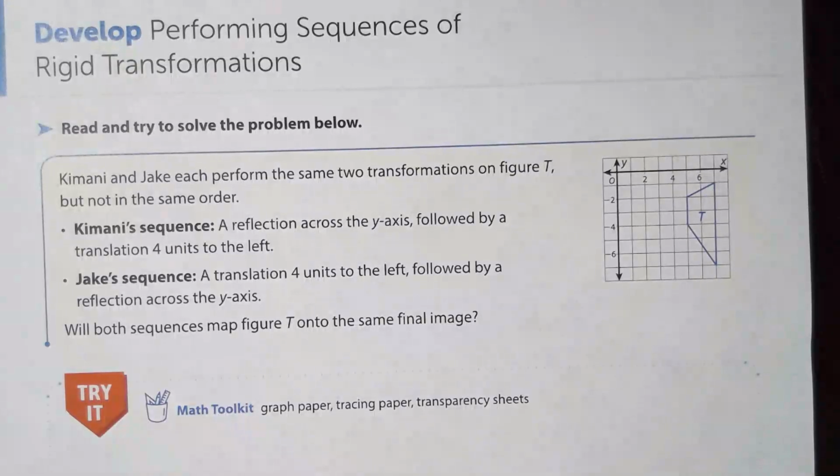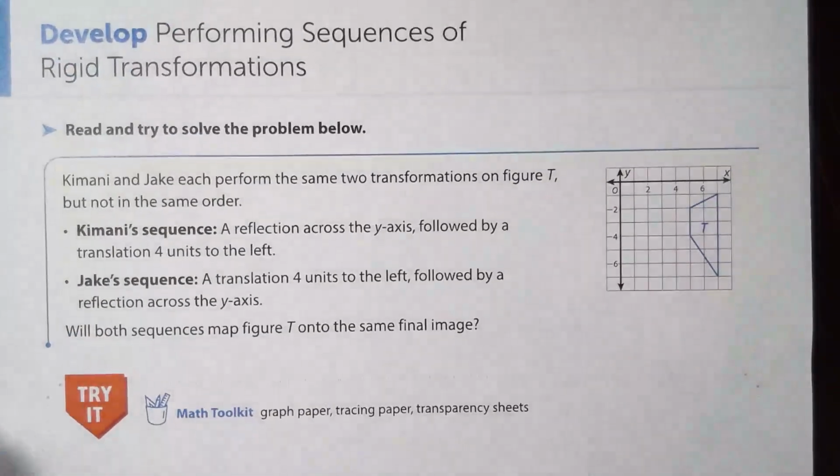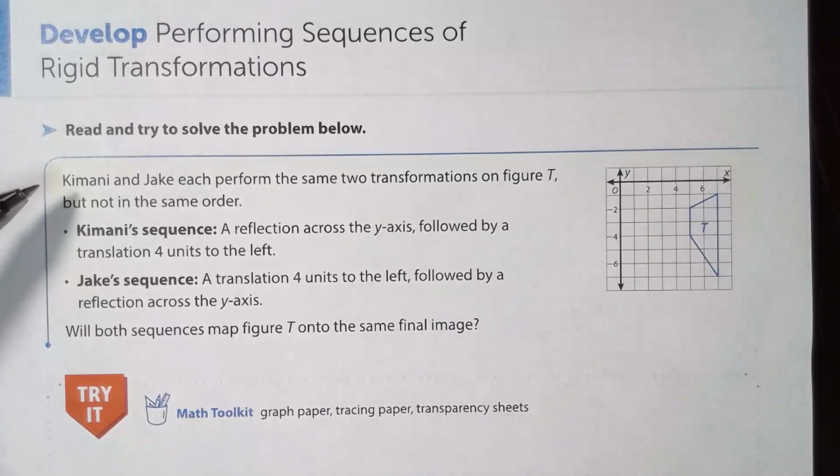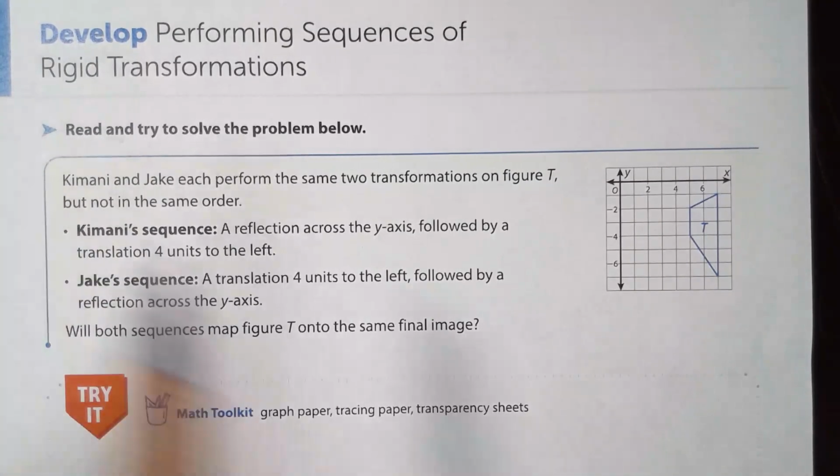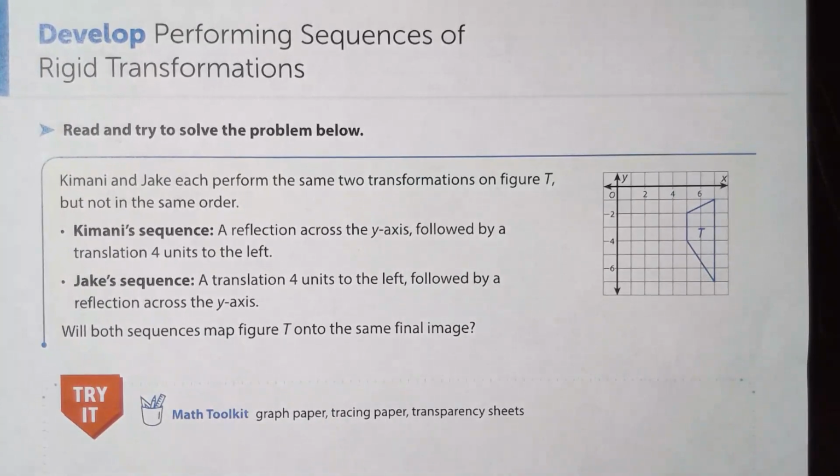I want to talk about sequences of transformations, and we're going to spend just a second reviewing what rigid transformations are and if they still apply to sequences of transformations. Kamani and Jake each performed the same two transformations on figure T, but not in the same order.